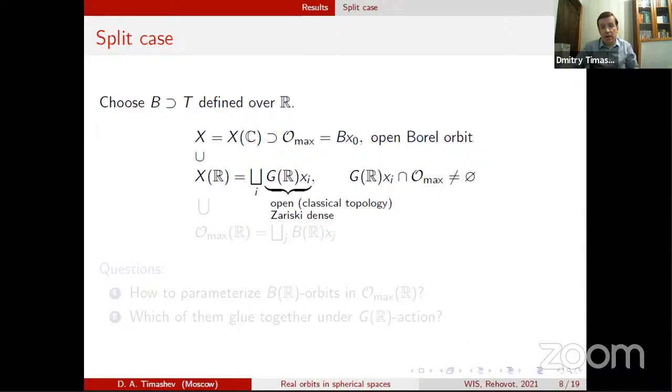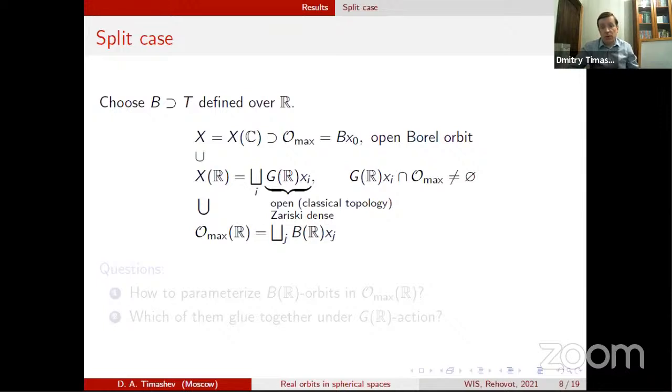So we may pick representatives of real G orbits sitting in the real locus of the complex open Borel orbit. So this is the first idea. If you look at this open Borel orbit, look at its real locus, then again it decomposes in a finite union of real Borel orbits.